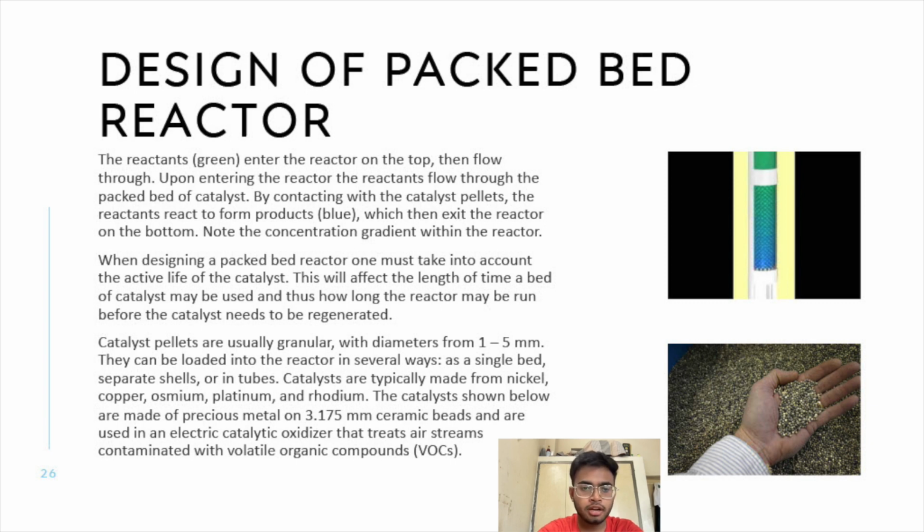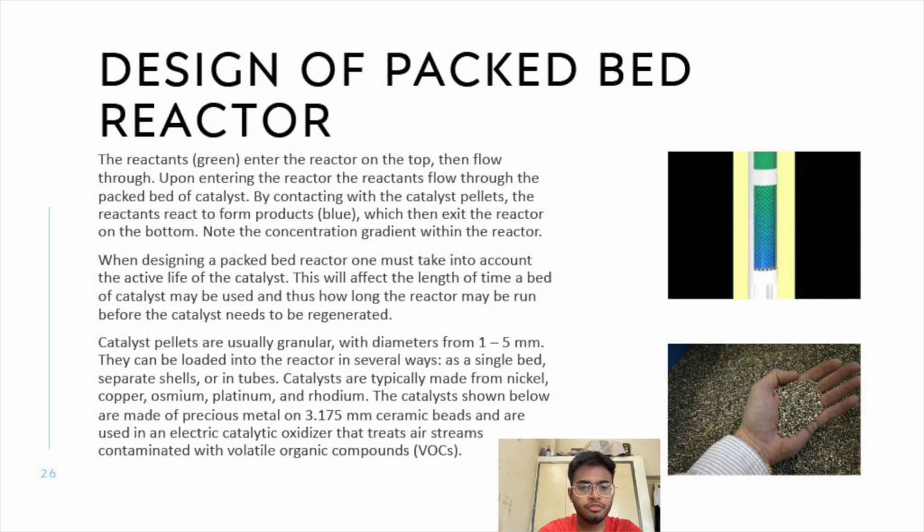When designing a packed bed reactor, we need to take into account the active life of the catalyst. This will affect the length of time a bed of catalyst may be used, and thus how long the reactor may be run before the catalyst needs to be regenerated. The catalyst pellets used in the reactor are usually granular and range in diameter from 1 to 5 mm. They can be loaded into the reactor in several ways: as a single bed, in separate shells, or in tubes.